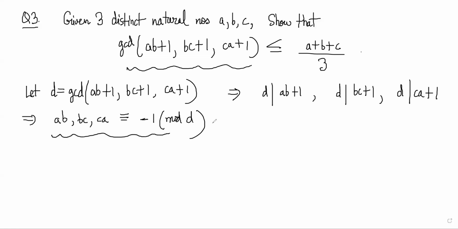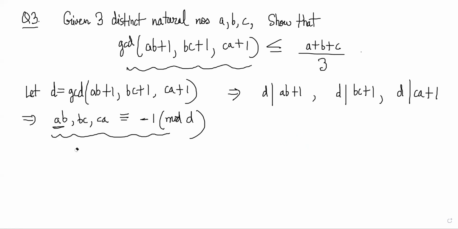Think about it. D divides this, so AB plus 1 must be some K times D. So AB is equal to K times D minus 1. So if you take modulo D on both sides, we get AB congruent to minus 1 mod D. Similarly for BC and CA also, right?